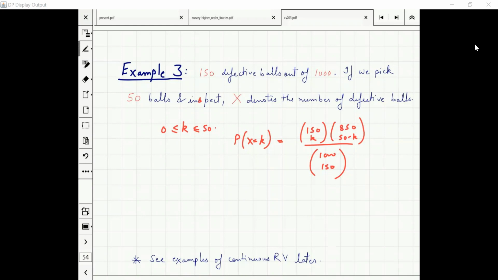These were all examples of discrete random variables. You saw that the possible values were all discrete. There are obviously continuous random variables. We will talk about them after 2 or 3 lectures. But for today, we will stick to discrete random variables.